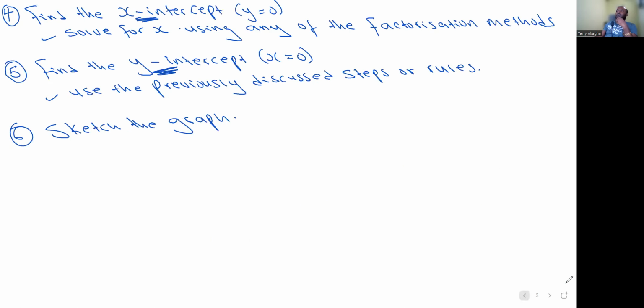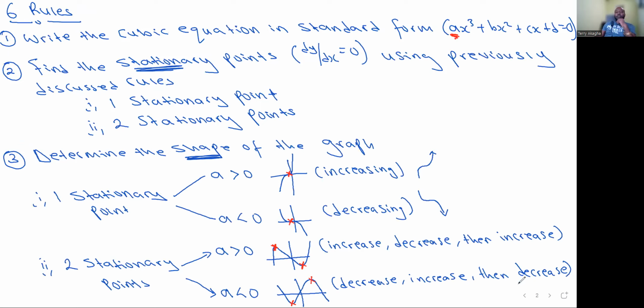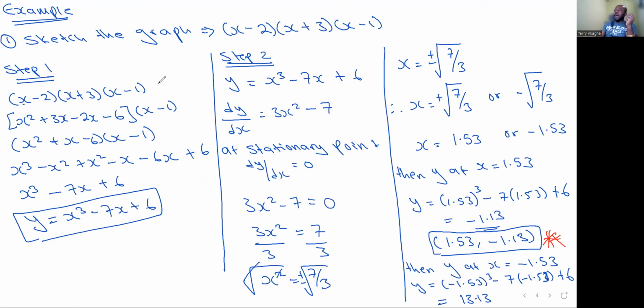Now step 3, we then have to determine the shape, okay? Now, we have 2 stationary points. So we're going to focus on this part of the step 3. Now, there are 2 things: is a greater than 0 or a less than 0? So let's go back. The a in this equation x cubed minus 7x plus 6 is equal to 1. Okay?